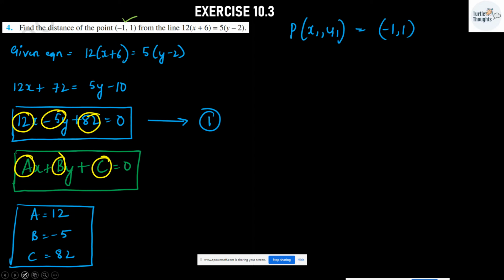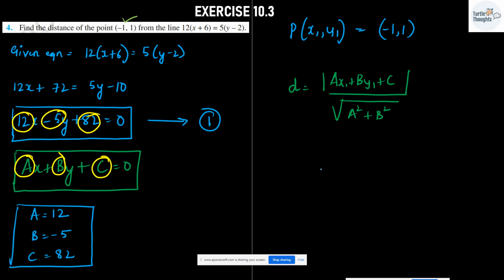Let me write down the formula again. The formula is d is equal to the modulus of ax1 plus by1 plus c, whole divided by the root of a square plus b square.